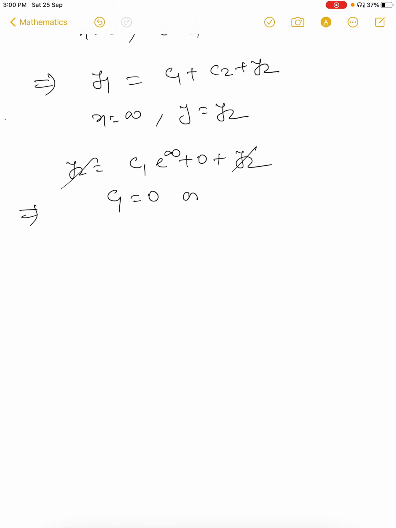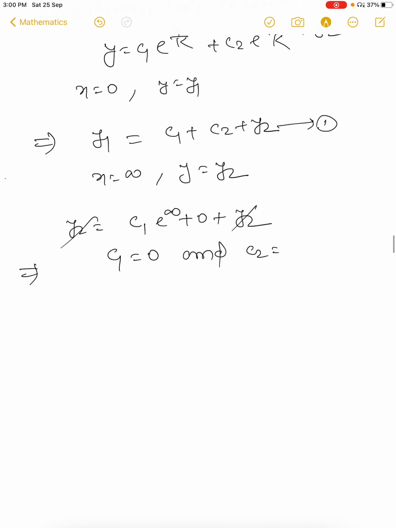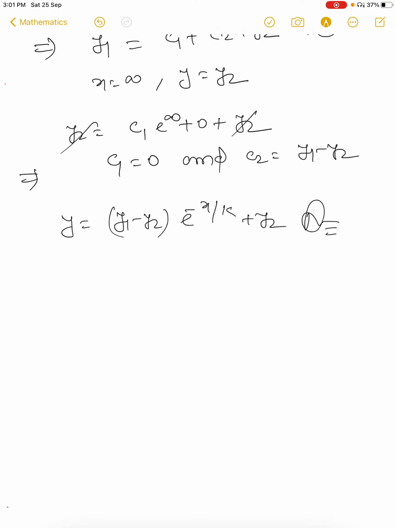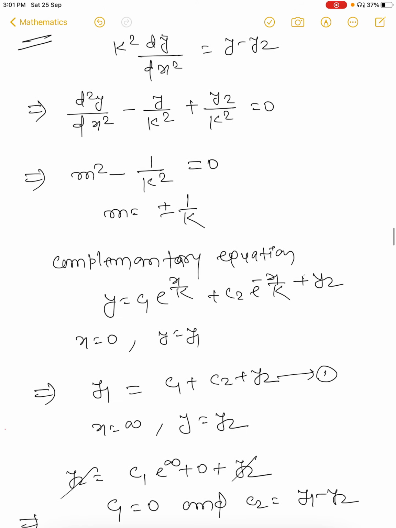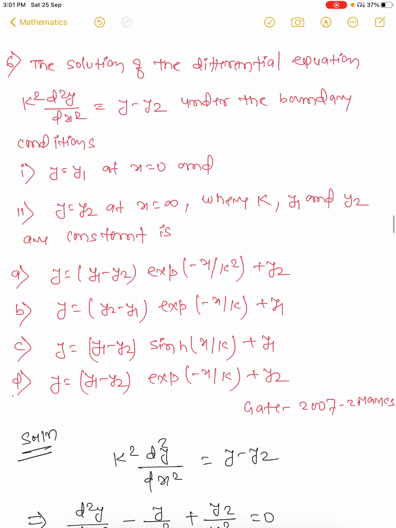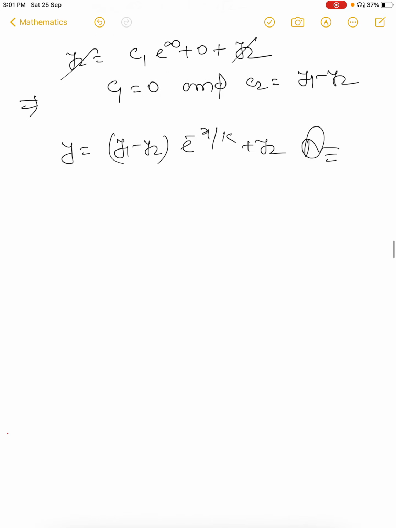And from the first condition, c2 is equal to y1 minus y2. Then y is equal to y1 minus y2 times e to power minus x by k plus y2. Okay, so the option will be D. Check it.